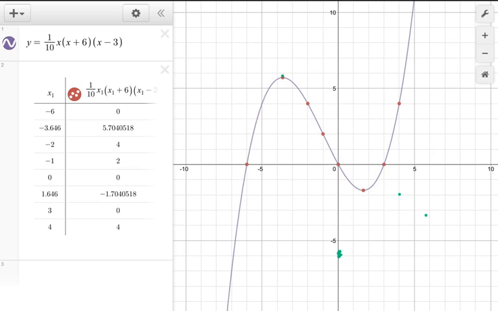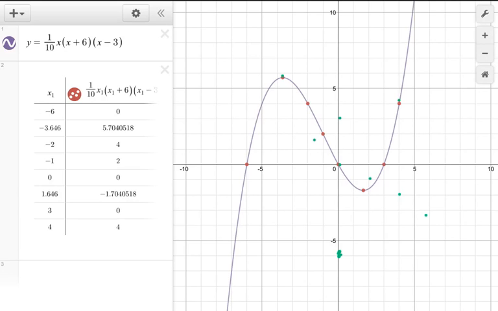Negative 1, 2 becomes 2, negative 1. 0, 0 stays at 0, 0. Notice because that's on the line y equals x. When you switch the x and y, nothing changes. I want to sketch that minimum, so negative 1.7 and 1.6. So again, I'm estimating. 3, 0 becomes 0, 3. And 4, 4 stays right there because it's on the line y equals x.